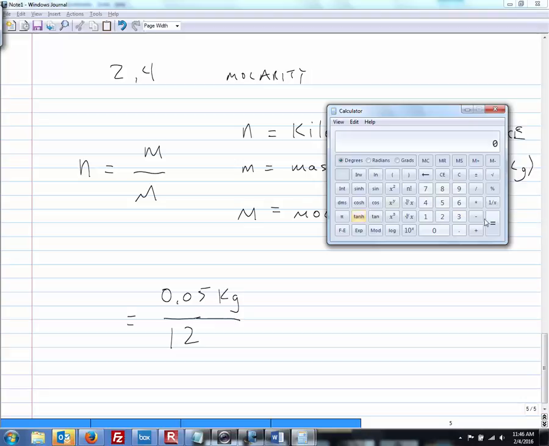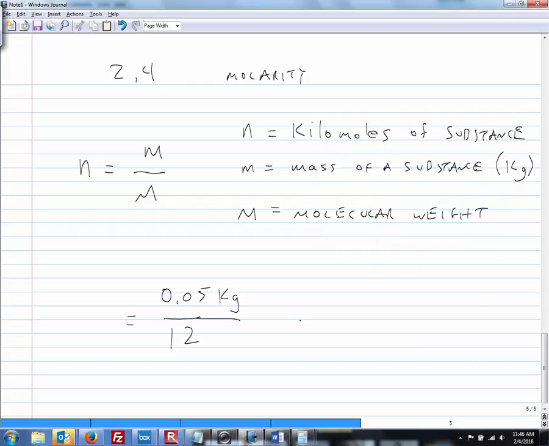Okay, so 0.05 divided by 12 equals, I'll just call it 0.0042 kilomoles. I'll write it over here too: 0.0042 kilomoles.